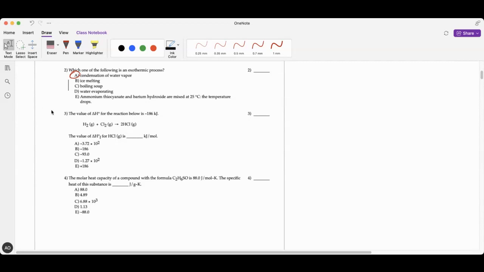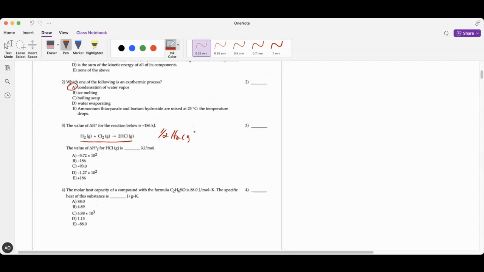So what you need to do is divide the coefficients here by 2. So we're going to have 1/2 hydrogen gas plus 1/2 chlorine gas, and that'll give us 1 mole of HCl.